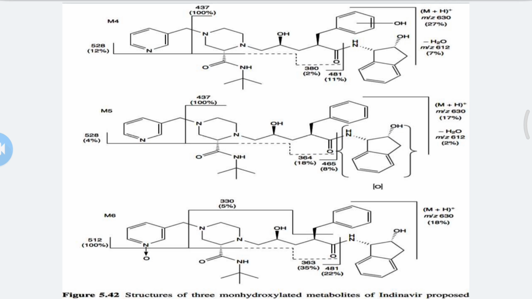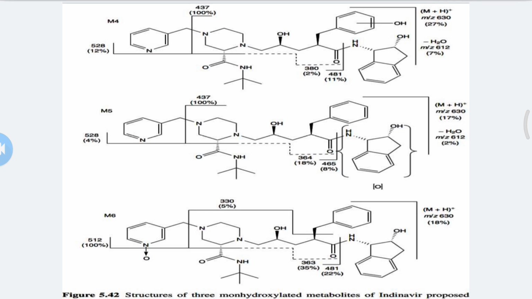So these different types of fragmentation take place in M1, M2, M3, M4, M5, M6, and the first fragment of M6 is 512. This peak 512 is higher than that of the parent drug. This is not easy to interpret because the pyridyl function is attached to the pyrazine.